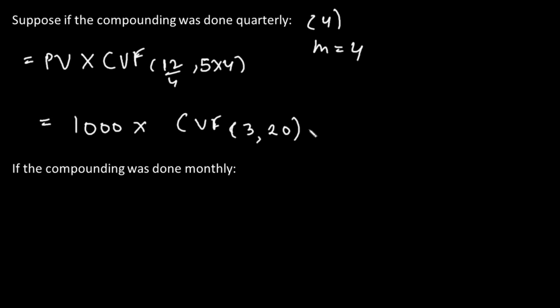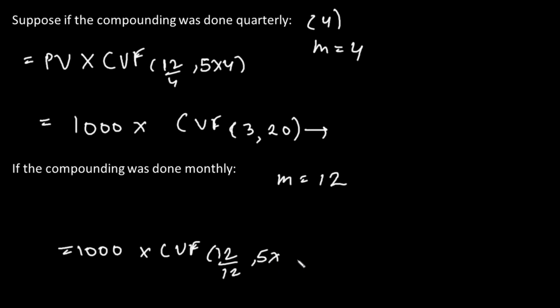So we'll look into the CVF table at these values. Similarly, if the compounding was done monthly, our M would be 12. So the formula would be 1000 into CVF 12 by 12 and 5 into 12. So we'll look into the CVF table at 1 and 60. Right?